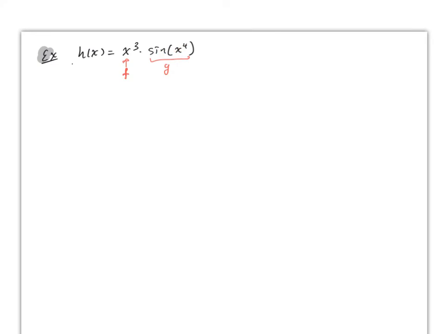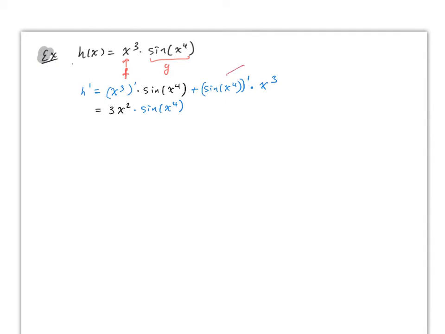So h prime is going to be the derivative of the first one times the second one, plus the derivative of the second one times the first one. Now the derivative of the first part is easy. The derivative of x cubed, remember, is just 3x squared, then times sine x to the 4.